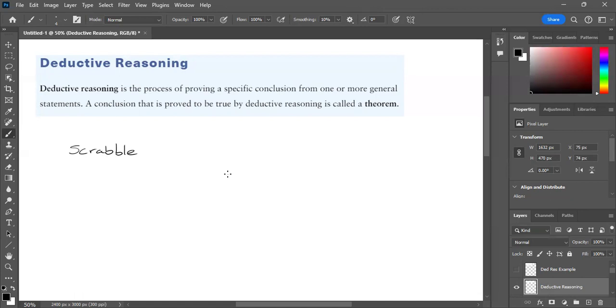There is not a rule that says you can't play the word Texas in this game. There's no rule that says that that's the case. However, you can't play the word Texas in the game Scrabble.